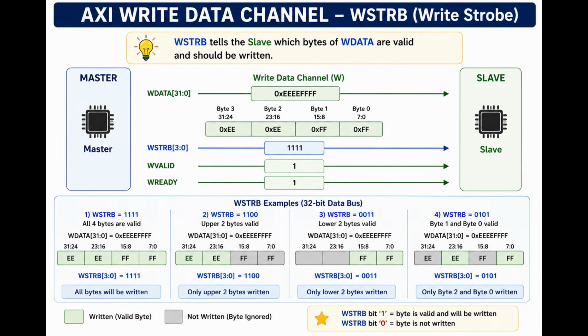If the value of WSTRB is 1111, all 4 bytes are valid and will be written. If some bits are 0, the corresponding bytes will not be written. For example, if WSTRB has the value 0111, then the first byte will not be written.